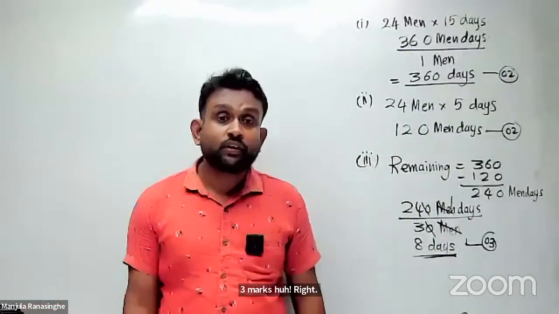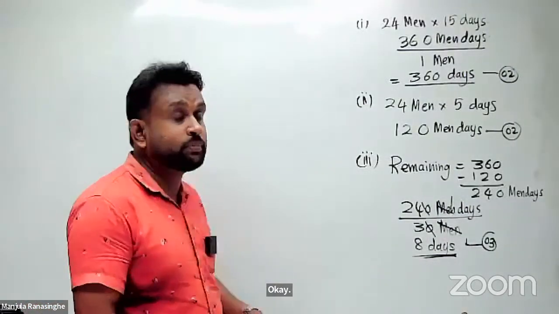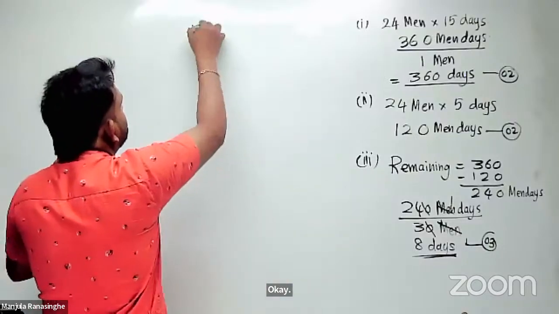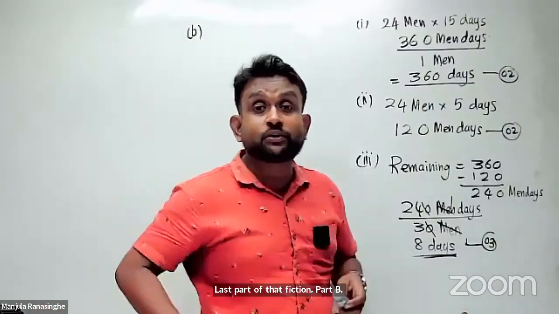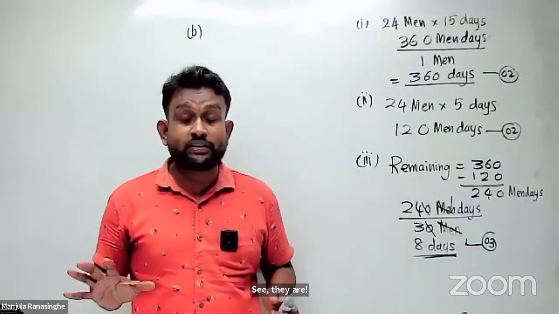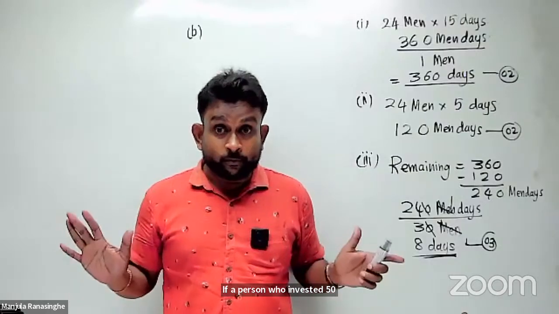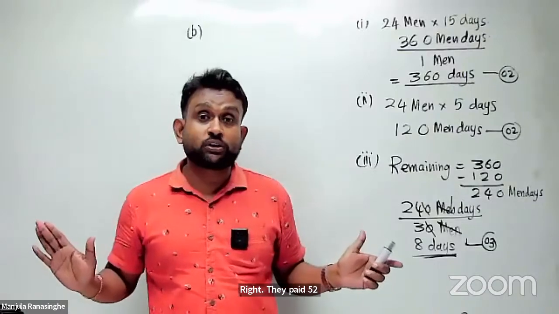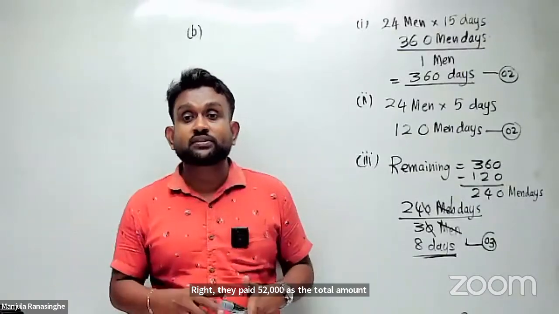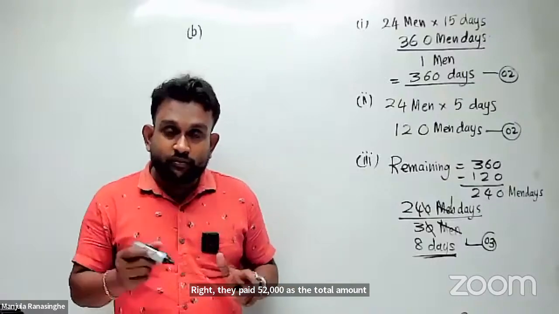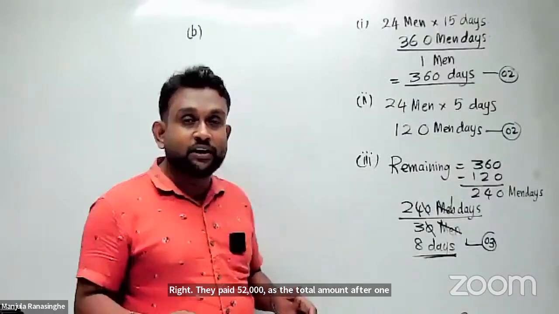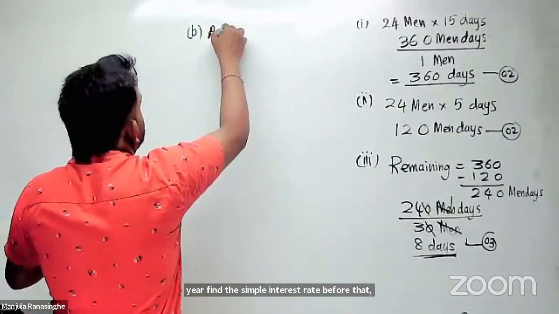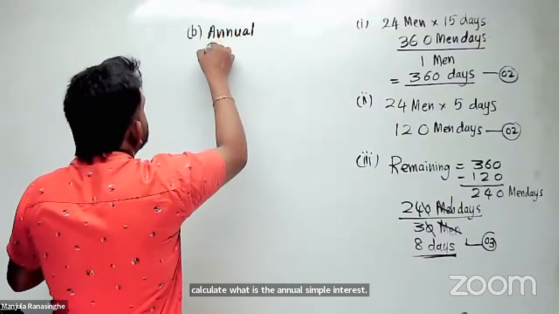Okay, last part of that question, part B. See there, a person who invested 50,000 rupees in a bank paid 52,000 as the total amount after 1 year. Find the simple interest rate. Before that, calculate the annual simple interest.